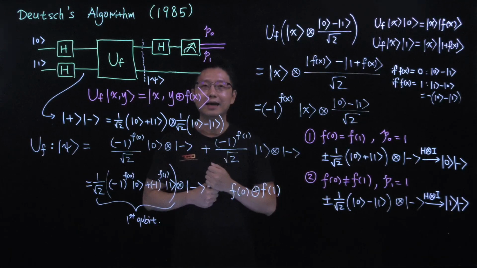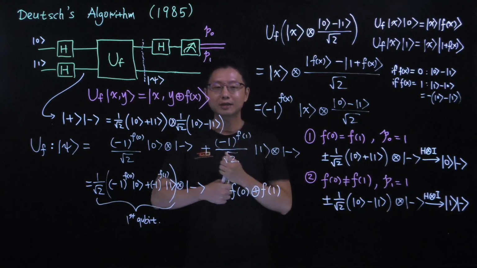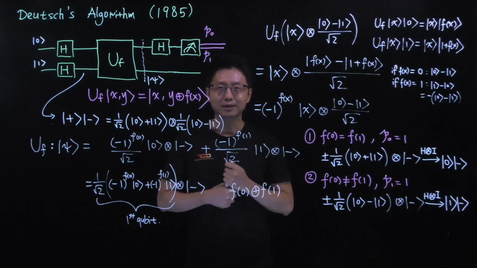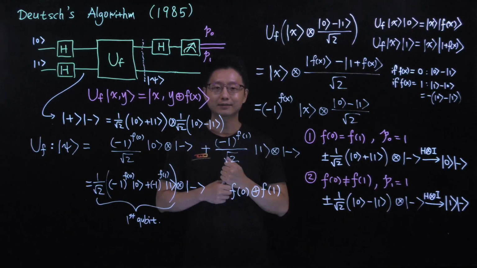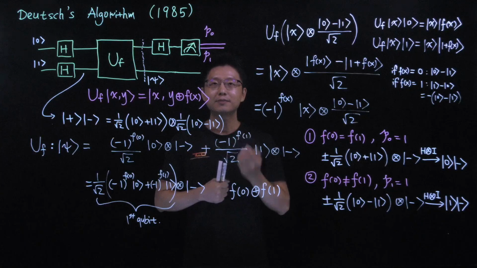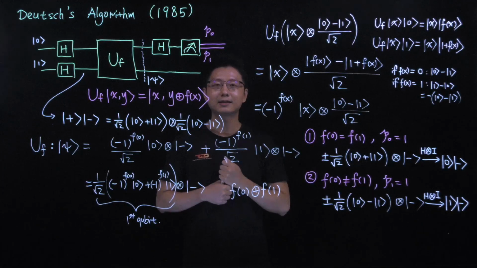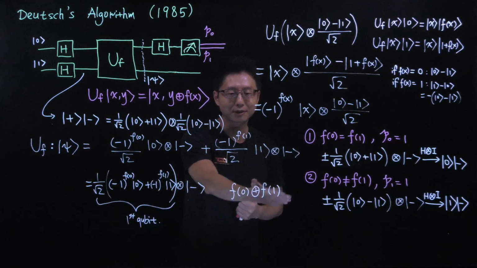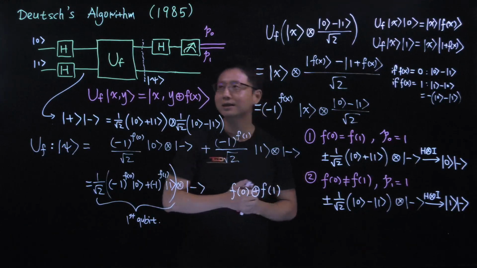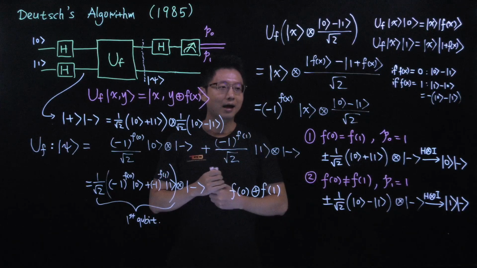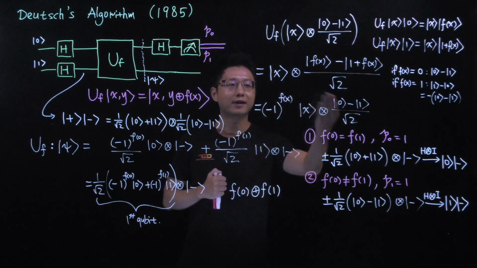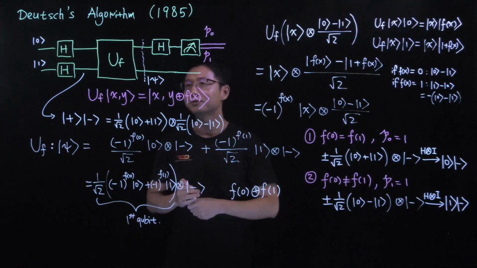So that is why previously, when I said that with quantum computers we're evaluating the function with both input values simultaneously, that could be a somewhat misleading statement, and we have to be careful with that. One more remark about the difference between classical parallelism and quantum parallelism: in the classical case, in order to find out whether it is balanced or constant, we either have to increase our time, that is, we evaluate the function with input 0, then with input 1, or we can also do that with more resources.